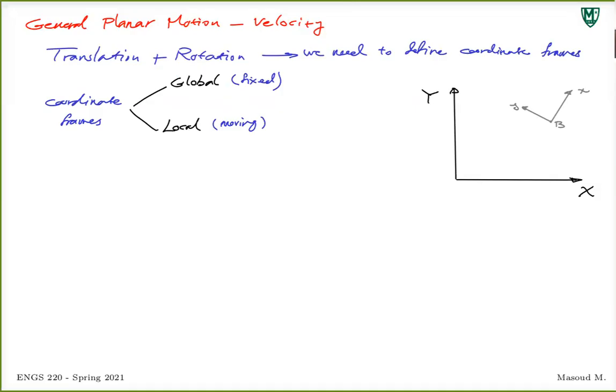Now imagine this frame is attached to your rigid body, moving in the plane. If your rigid body is moving in the plane, you have this frame attached to it. It goes wherever your rigid body goes.